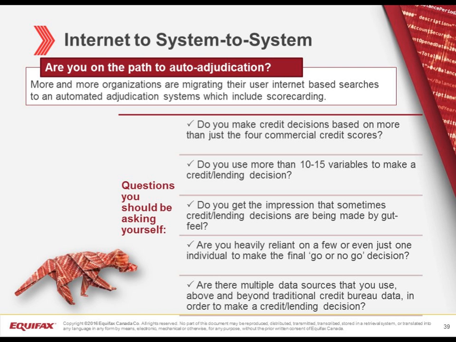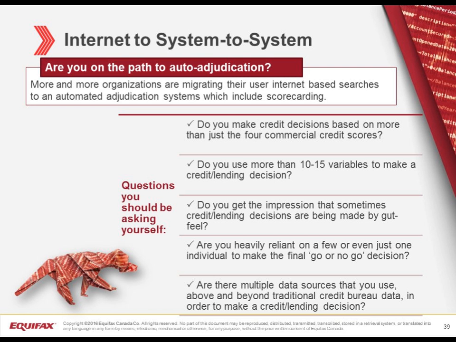And are you heavily reliant on even just one individual? It speaks to the same thing. The gut feel or the go/no-go decision from 1 or 2 people allows you to empower the entire system, your entire credit application staff, to rely on what's in the data and help tighten your rules around how those applications are handled.